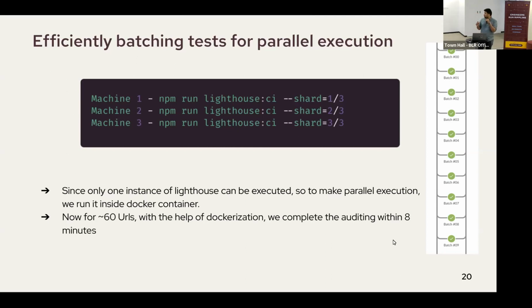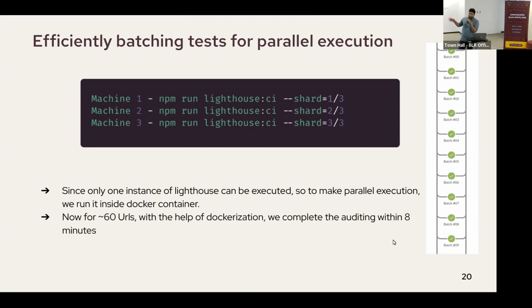Now you want to group the number of URLs. By that logic, you will group 6 URLs into one Docker container, right? So the first 6 will go to the first Docker container. In the second batch, you will send from 6 to 12, then 13 to 18, like that, right?